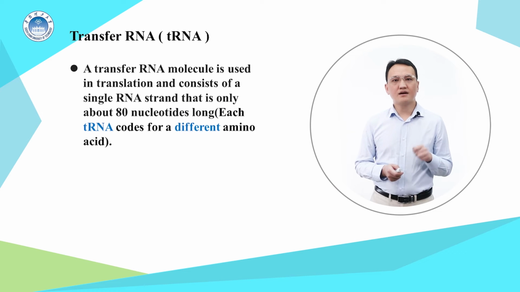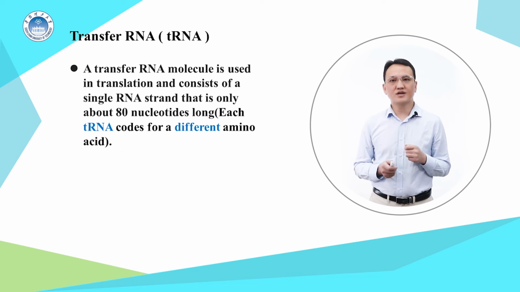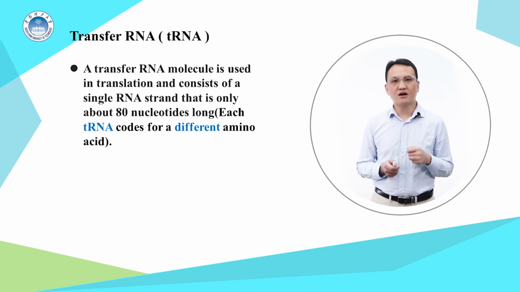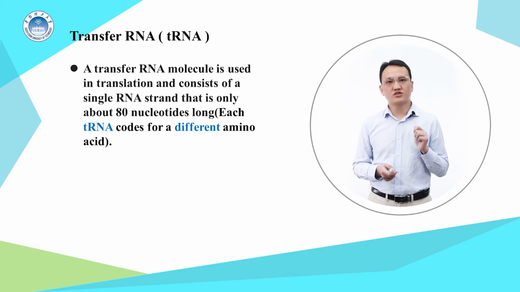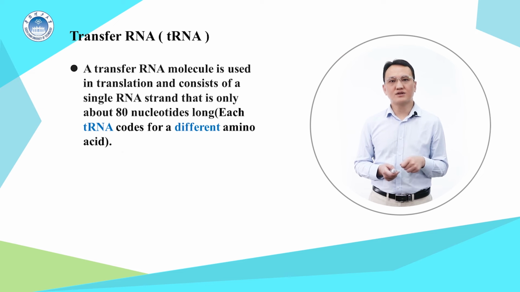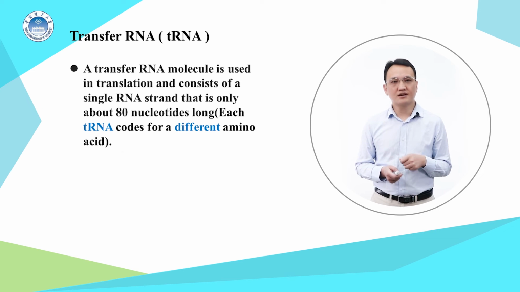A transfer RNA molecule is used in translation and consists of a single RNA strand that is only about 80 nucleotides long. The tRNA carries an amino acid to the ribosome as directed by a 3-nucleotide sequence in the messenger RNA.